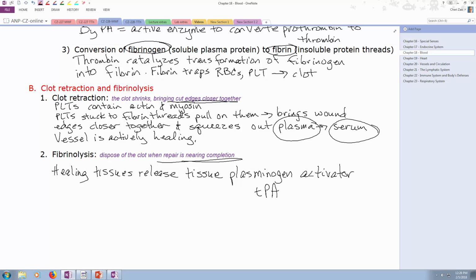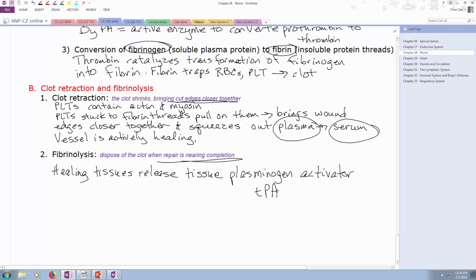So remember, that gelatinous clot is red blood cells, white blood cells, platelets, fibrin, and the reason it's jello-like is there's fluid in there, and it's got that serum in it. So now with clot retraction, we're squeezing fluid out, we're getting smaller in size, and everything's getting compacted together.